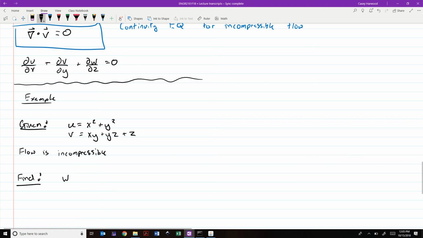Find w. Okay, so I'm going to give you guys a couple of minutes to get started on this and see how you think you might proceed to find w, or at least to find the set of functions that could describe w. Note, you're going to want to use this equation right here.